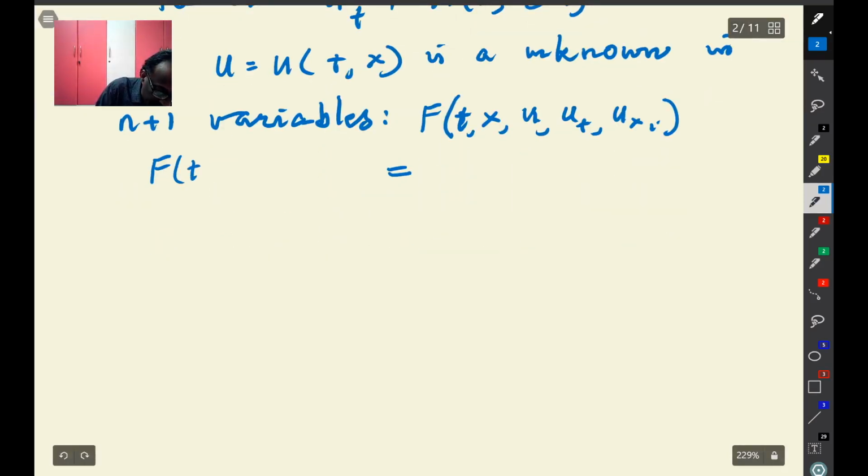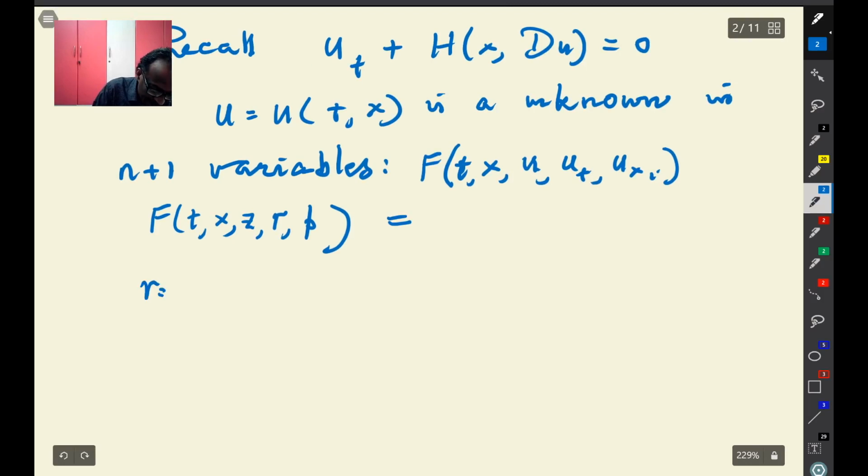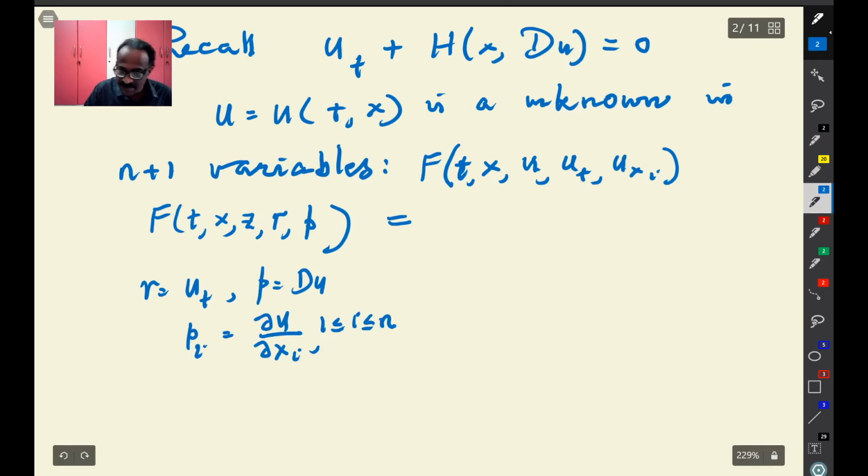If I introduce this notation for my method of characteristics, F(t, x, u, r, p), where r is equal to u_t and p is equal to Du, that means p_i is equal to du by dx_i, for 1 less than or equal to i less than or equal to n, you see this will be of the form r plus H(x, p) equal to 0.